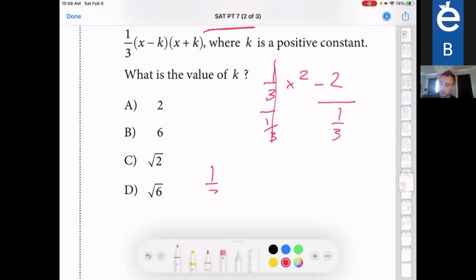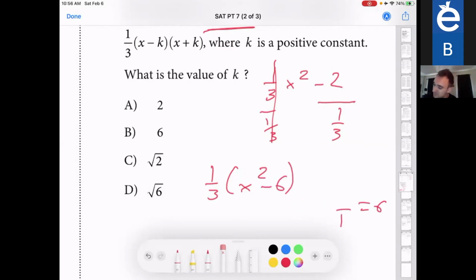I have a 1/3 out here. My x squared term will just be written like that. But when I divide -2 by 1/3, remember, dividing by a fraction is the same thing as multiplying by its reciprocal. So -2 divided by 1/3 means multiply by its reciprocal, which is 3/1, really just 3. So I get -6. So if I was going to rewrite this, this is really x squared minus 6.